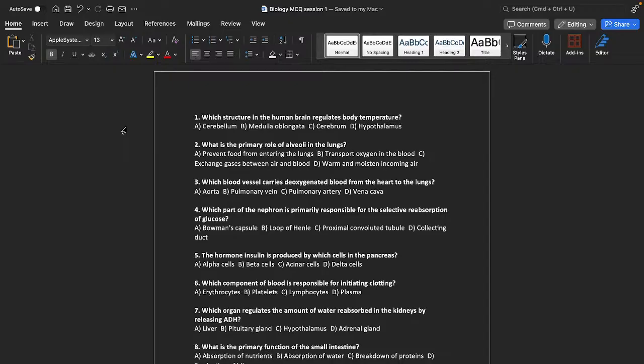Now for the first question: which structure in the human brain regulates body temperature? We have cerebellum, medulla oblongata, cerebrum, and the hypothalamus. What do you think is the right answer here?